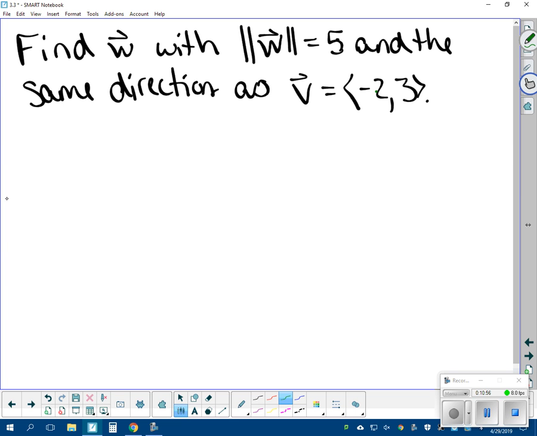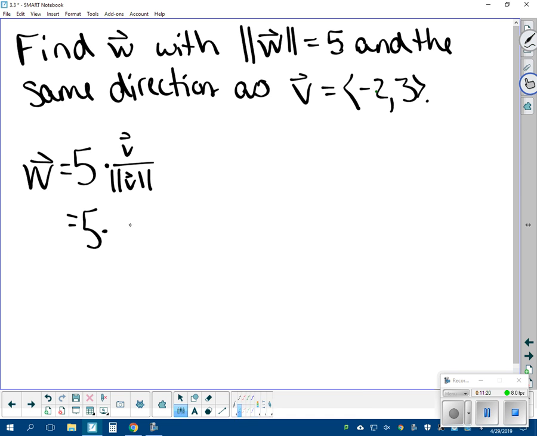So what I'm saying then is that vector w is going to be 5 times vector v divided by the magnitude of vector v, because this right here would just be the unit vector that's in the same direction as v. So that's 5 times, let's find the unit vector.